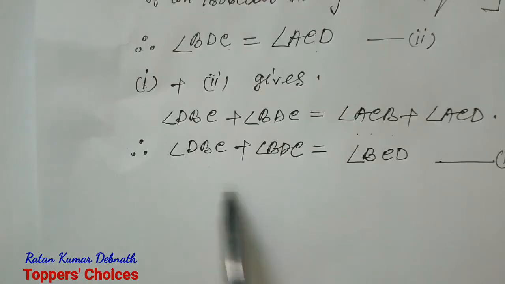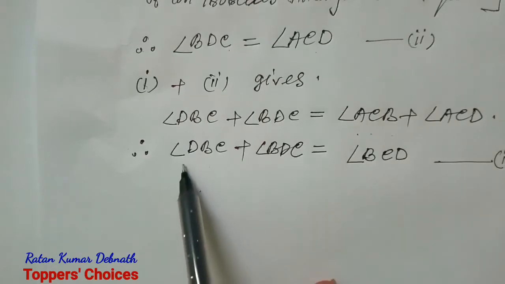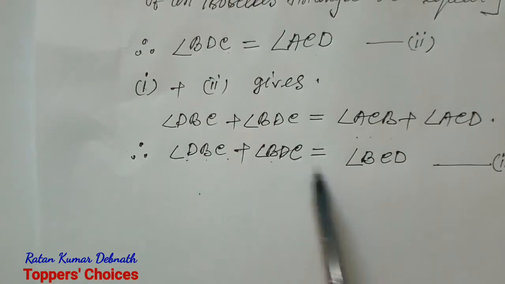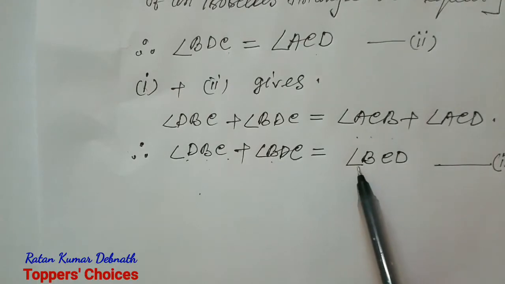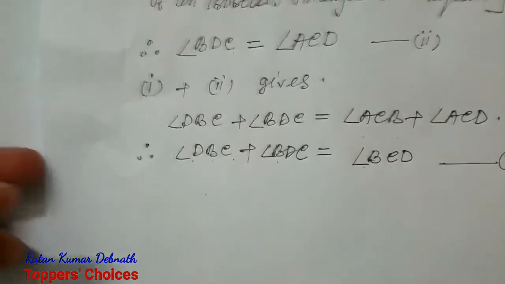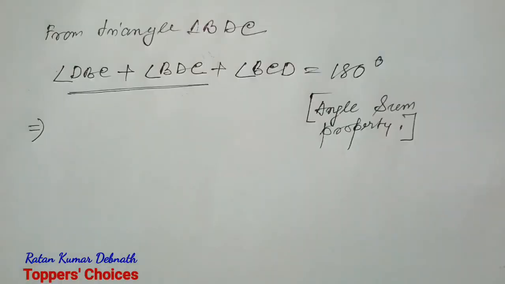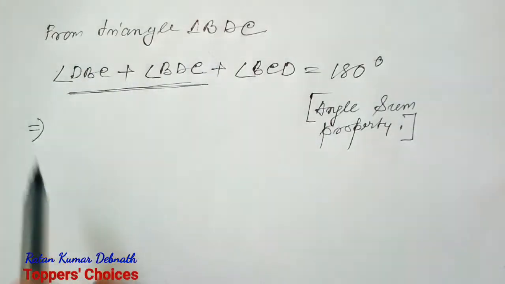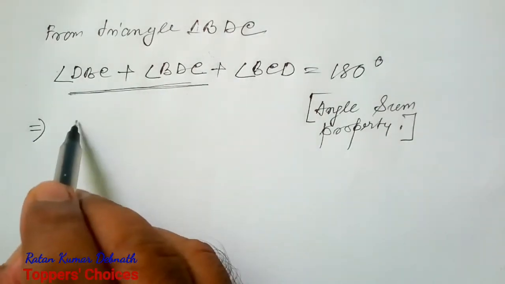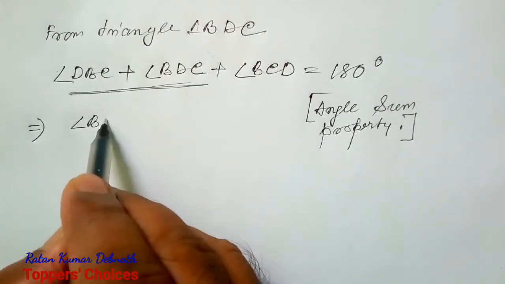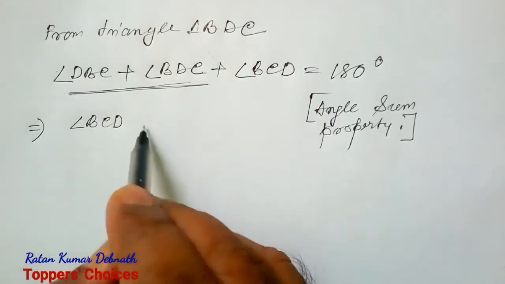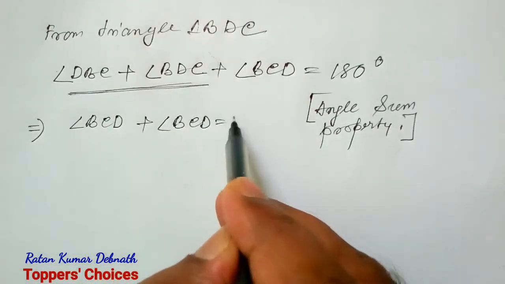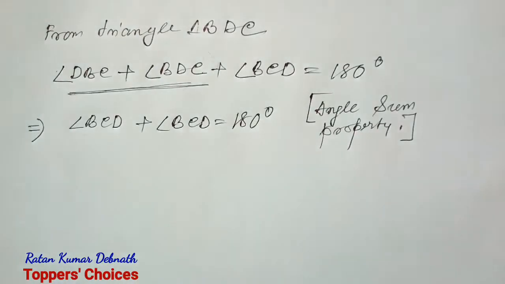In relation 3, you obtained angle DBC plus angle BDC equal to angle BCD. So instead of the sum of these two angles, you can write angle BCD plus angle BCD equal to 180 degrees.